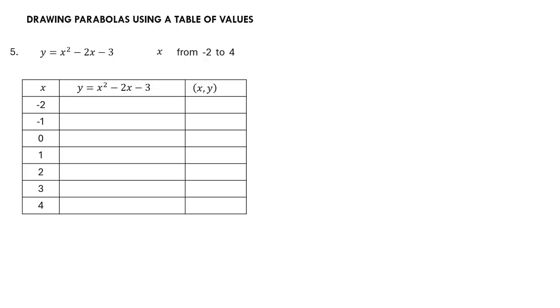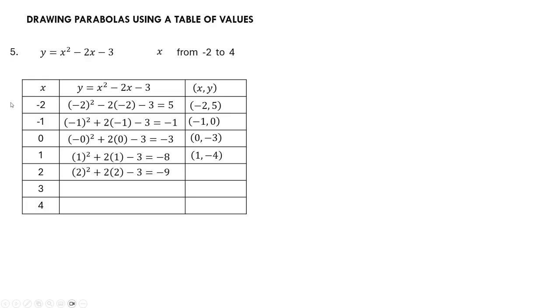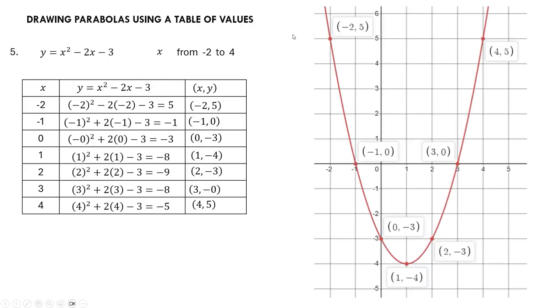Question 5 gives us the trinomial y equals x squared minus 2x minus 3. And they want us to use x values from -2 over to 4. So we'll substitute those values in to generate all our coordinates. And our coefficient is positive, so we're expecting a happy face with our parabola.